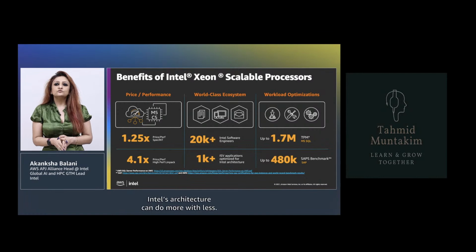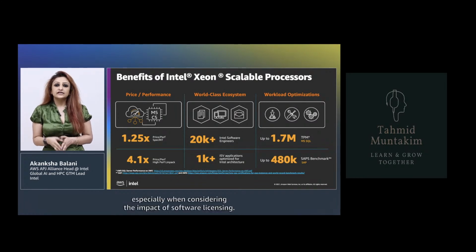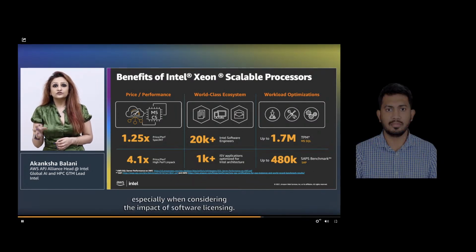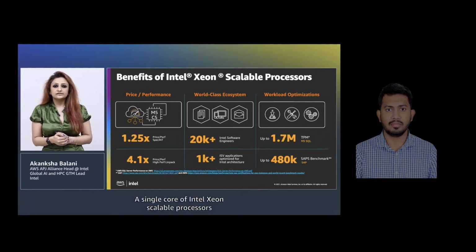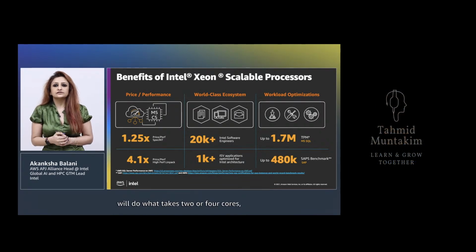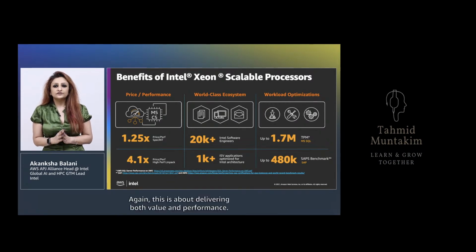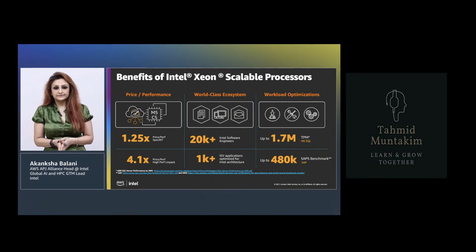Intel's architecture can do more with less. This translates into real savings for you, especially when considering the impact of software licensing. A single core of Intel Xeon Scalable processors will do what takes 2 or 4 cores, depending on the workloads, of another technology. Again, this is about delivering both value and performance.